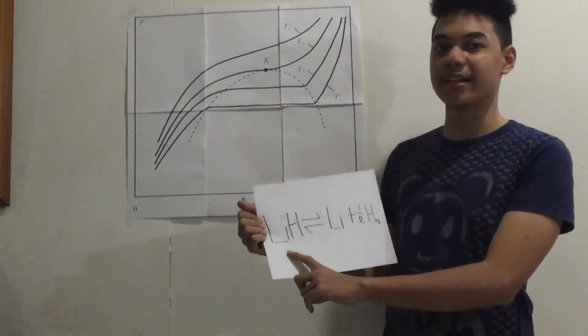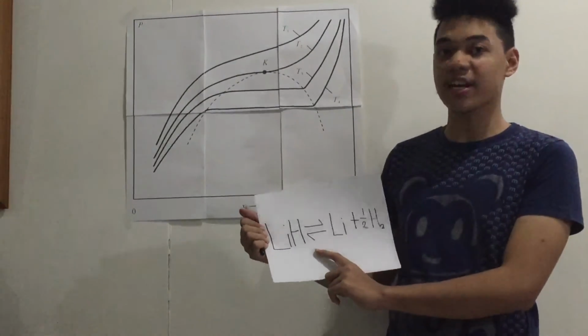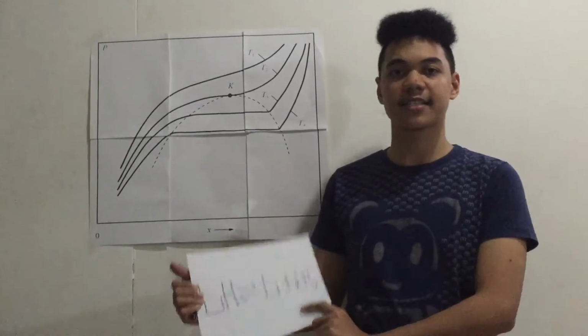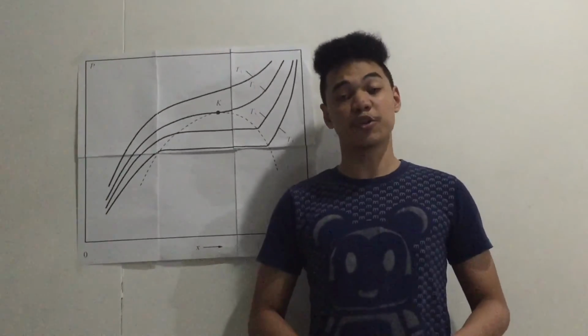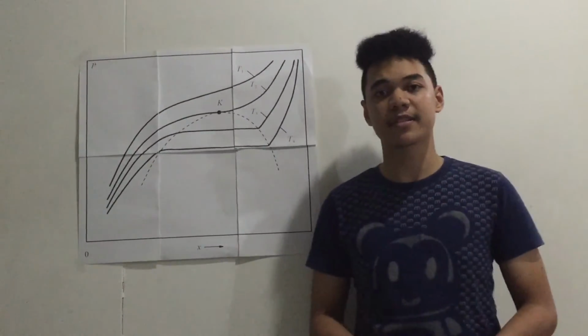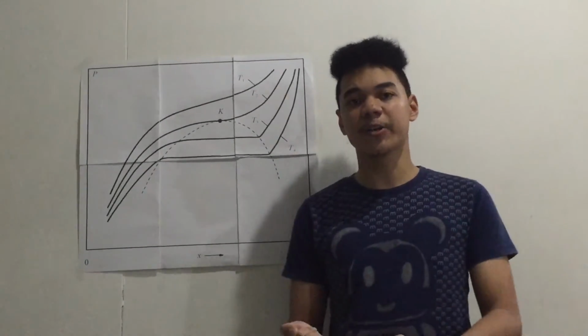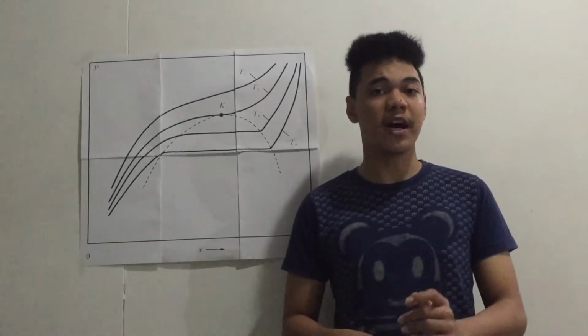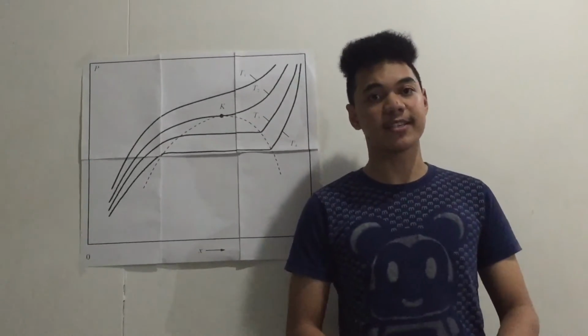This is an irreversible reaction which produces lithium and hydrogen gas. Once the evaporation happens, the molecules of lithium hydride decrease. Hence, the vapor pressure of lithium hydride also decreases.